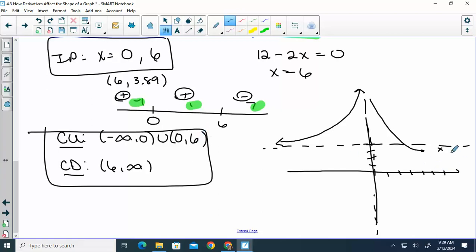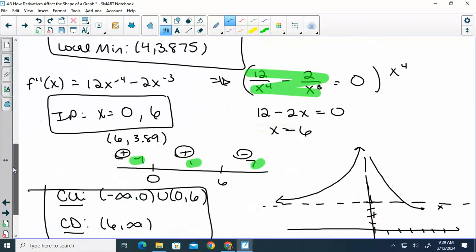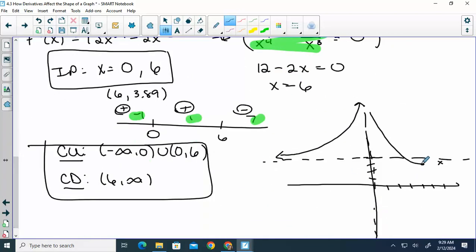Then we're staying curving upward until we get to this x. Our graph is going to increase for the rest of the time. So curving upward and increasing, and then it just switches to curving downward. So it's still rising, but it's flattening out there. And I know it gets tricky to plot these when we have points so close together, but we're just doing the best we can with it.